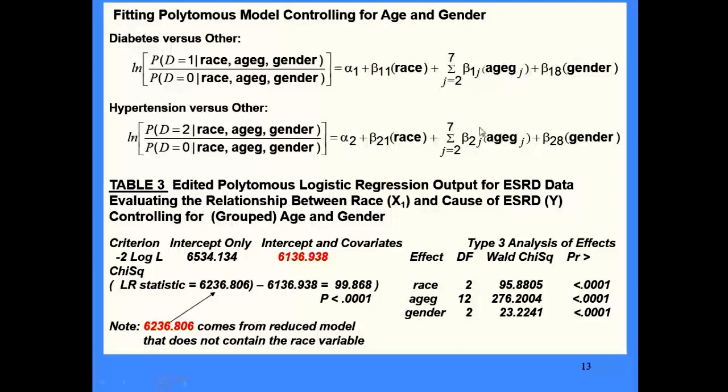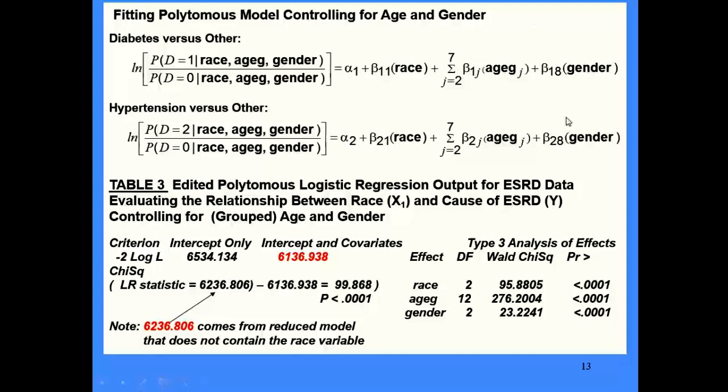Now, if I test for race, when I run this model with all these variables that I'm controlling for, the intercept and covariate minus 2 log L is 6136.938. That's the minus 2 log L for the model that has race and the 8 categories, 7 dummy variables for age and the gender variable.